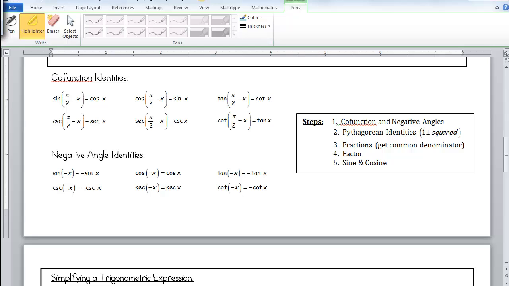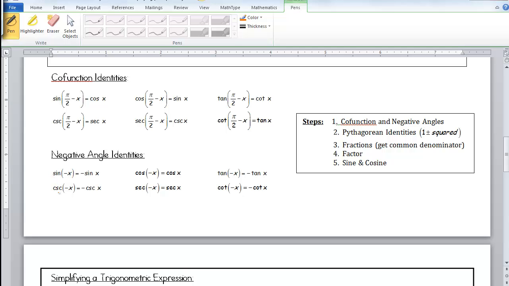Let's now look at our last two sets of identities. Here you'll notice some identities we call cofunction identities. All of these identities will have pi over 2 minus x, and then if you notice, it equals a different function. The last set are what we call negative angle identities.